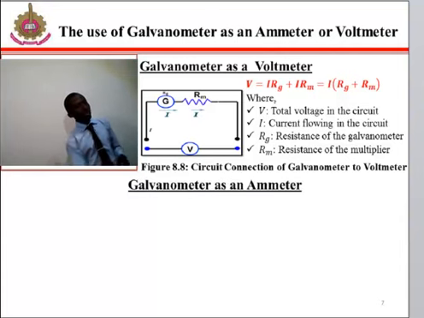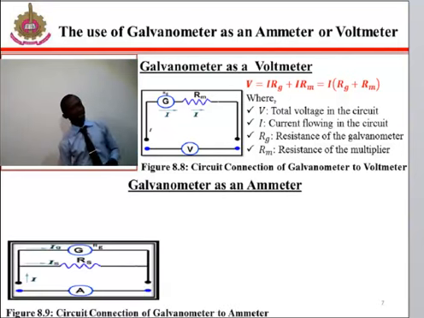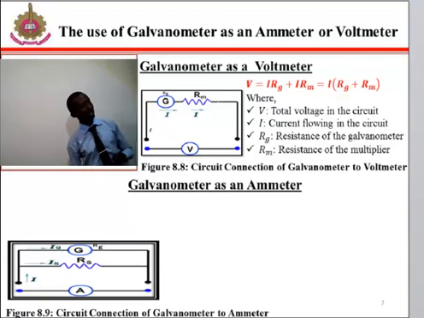In order to use a galvanometer as an ammeter to measure heavy current, a very low resistance known as a shunt, denoted by Rs, must be connected in parallel to the galvanometer as shown in figure 8.9.